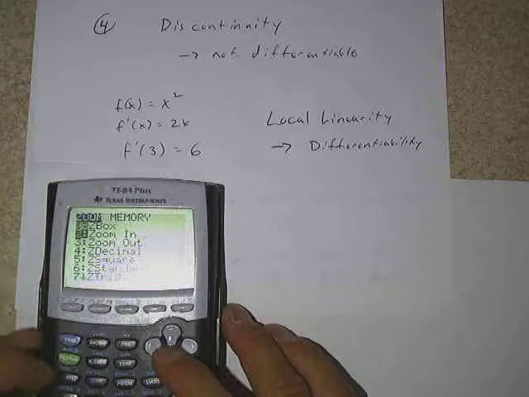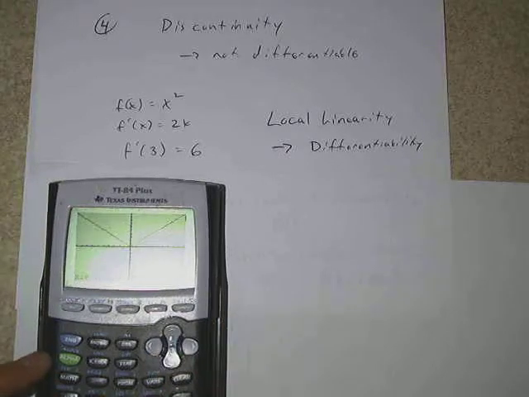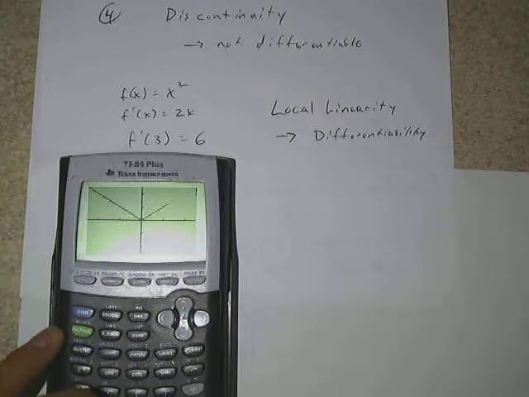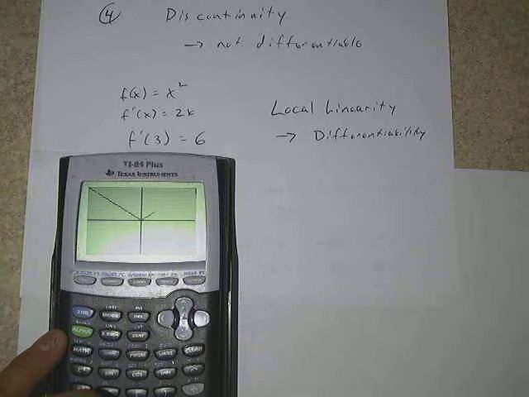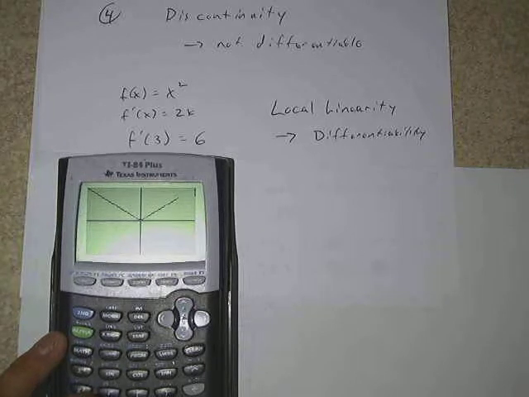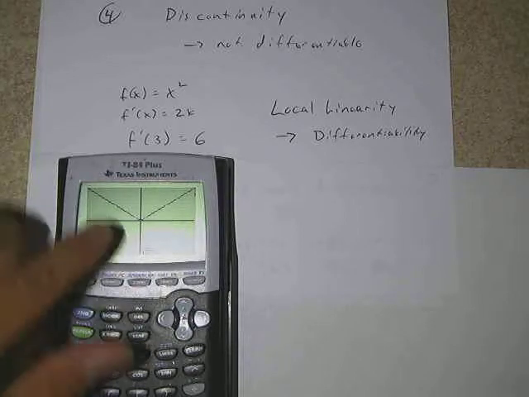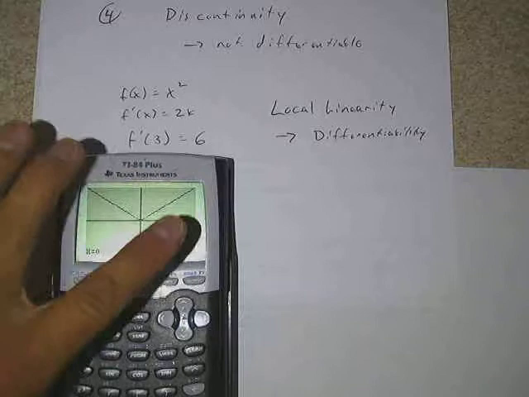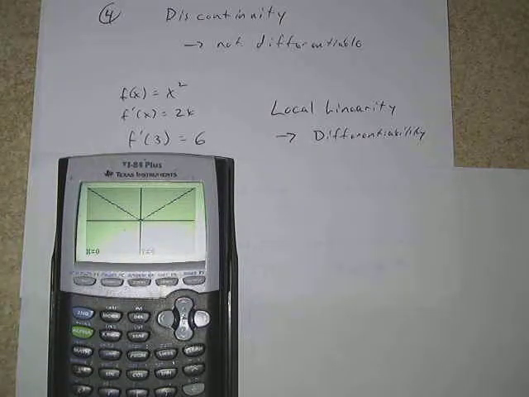If I do the absolute value function instead, which we know has a non-differentiable point, and I try to zoom in on that, I'm going to zoom in on the origin. Zoom more, and notice that no matter how many times I continue to do this, does the picture look any different?